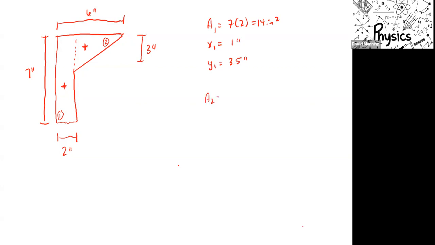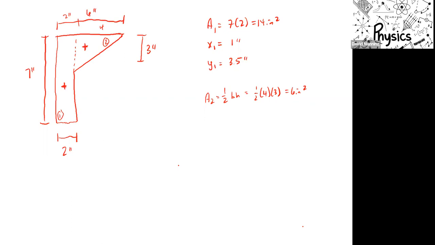Area of 2 is 1/2 base times height, so that is 1/2 times 4 times 3, 6 inches squared. From here to here is 4, and this is 2 inches. That makes up the 6.